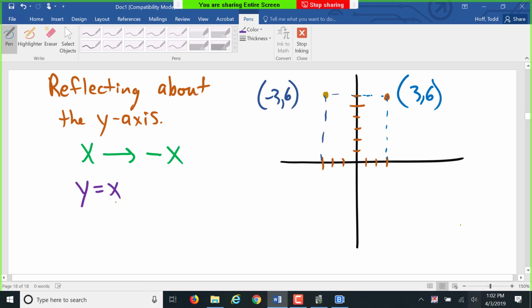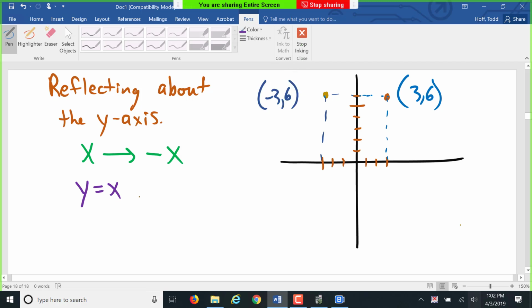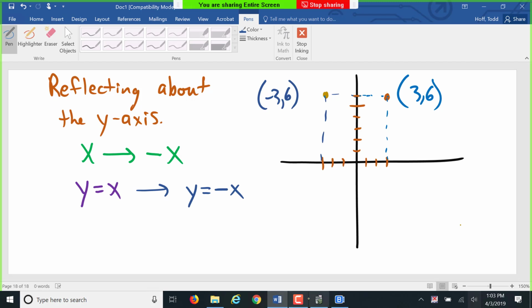So if we have y equals x as our line, the reflection about the y-axis is going to be y equals negative x. I'm sorry. Got to be careful. I got to pause for a second.